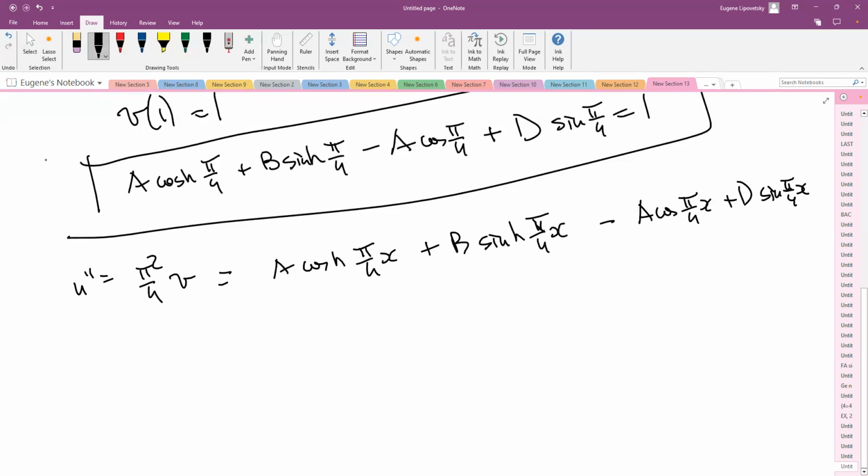And now we integrate it twice. When we differentiate, we multiply by pi over 4, right? And was it over 2, by the way? I didn't take the fourth order root of 16 correctly. Okay, let's just correct this one.